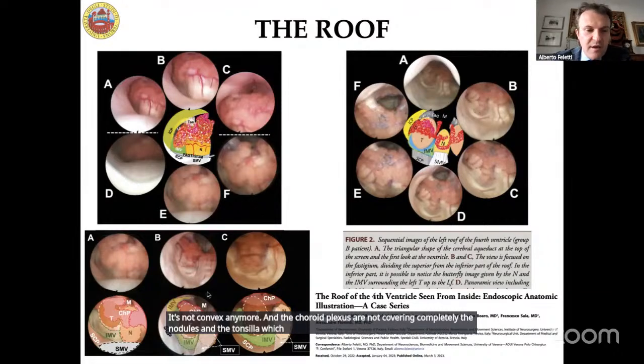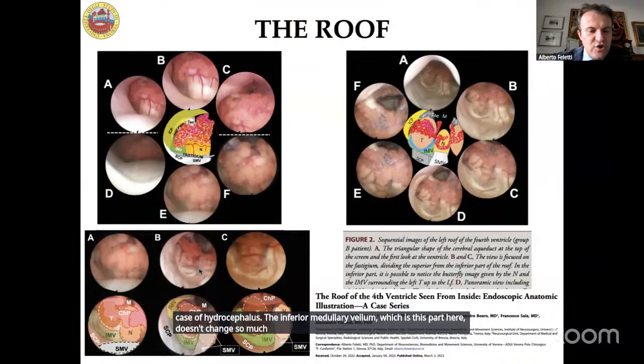And here you can see also the picture of a comparison between the normal anatomy and the anatomy in case of hydrocephalus. The inferior medullary velum, which is this part here, doesn't change so much.